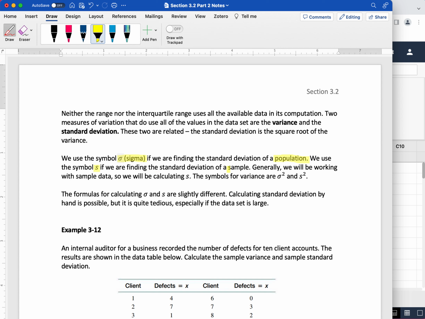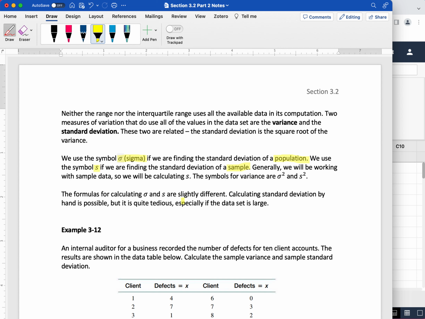So you notice a pattern here. With both mean and standard deviation, we use Greek letters to refer to the mean and standard deviation of a population, and we use regular Latin letters if we are looking at the mean and standard deviation of a sample.